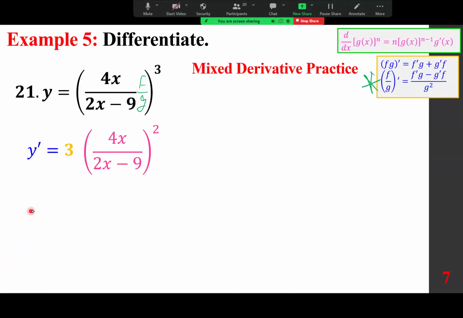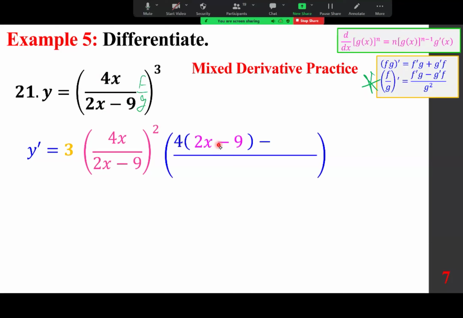I would write this formula and follow it. So this gives me f prime, 4, times g, the denominator, 2x minus 9, minus g prime, the derivative, which is 2, times the numerator 4x, and then I write the denominator squared.